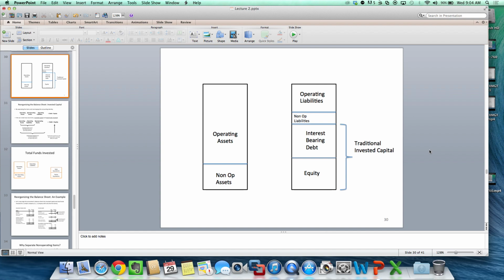Now, how is that different than the definition of invested capital that we're about to use? We're going to define invested capital as the operating items. So our invested capital is going to be these operating assets.